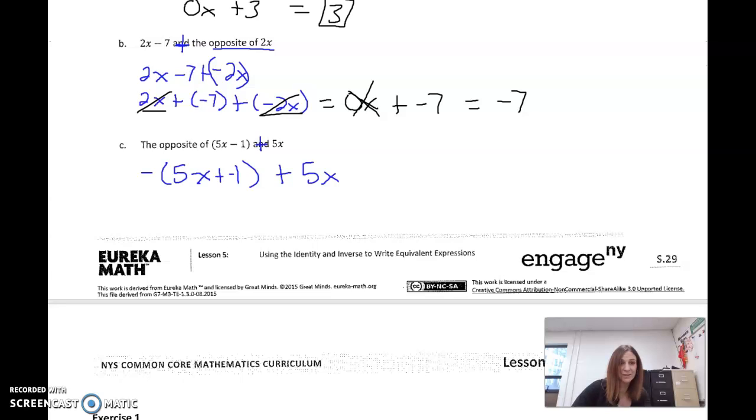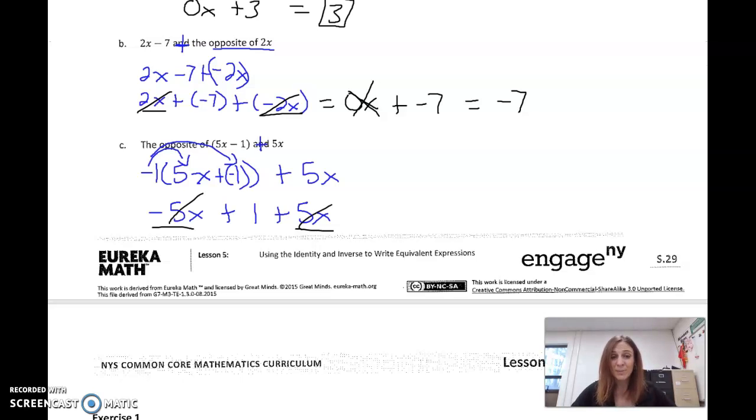I'm going to write this as plus a negative 1x, and then I'm going to distribute that negative out, or you can think of it as just multiplying by a negative 1. Negative 1 times 5x is a negative 5x, plus negative 1 times negative 1 is a positive 1. And then this 5x out here, don't give the negative to it. It's outside the parentheses. Like terms, negative 5x and a positive 5x. Guess what that adds to? 0. Gone. They're opposites. I'm just left with 1. Okay?